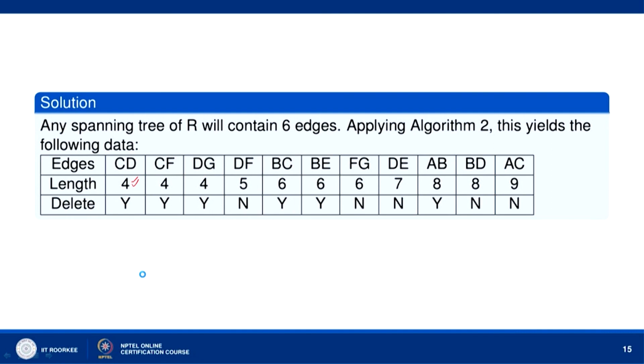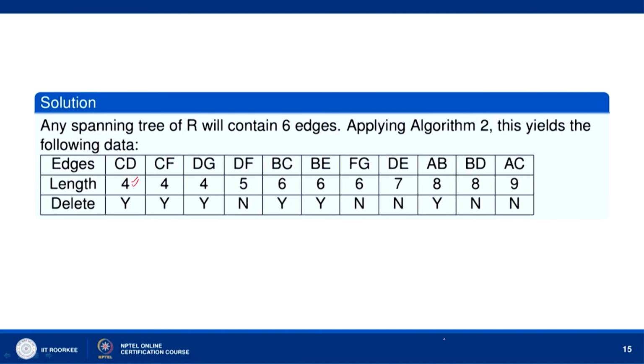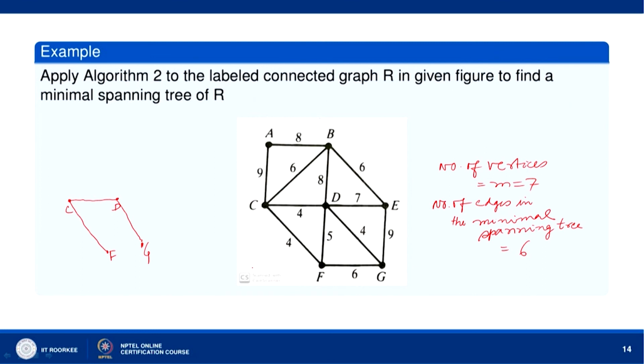And then we have DF. Now, if you add D to F, then we see that CDF becomes a cycle. So, we cannot add DF. And then BC.